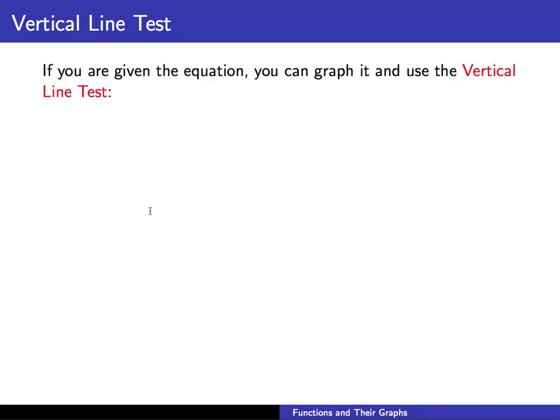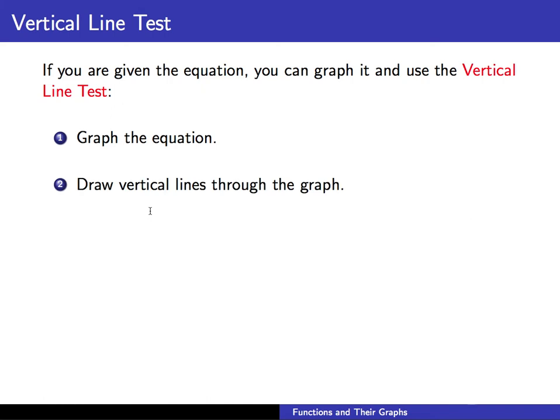So if you're given an equation, which is an infinite number of ordered pairs, you can graph it and use what's known as the vertical line test to determine whether or not a relation is a function. So to do that, graph the equation, and I would strongly urge you to use technology for that. And then draw vertical lines through the graph. If you're going to actually do that, I'd sketch the graph on paper.